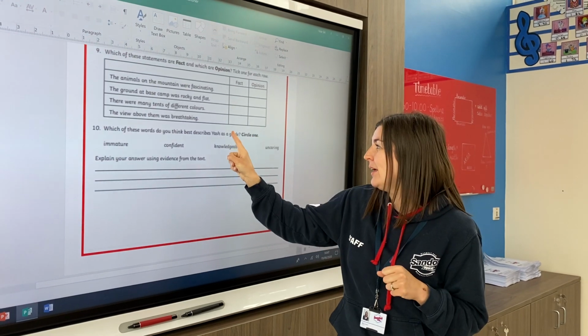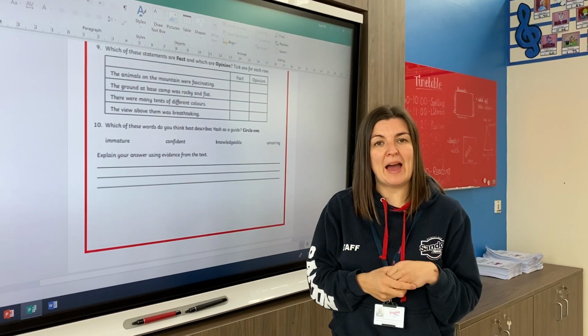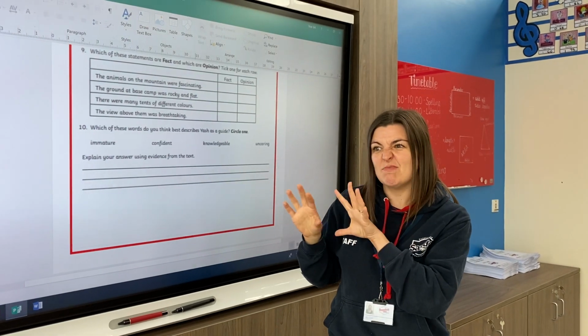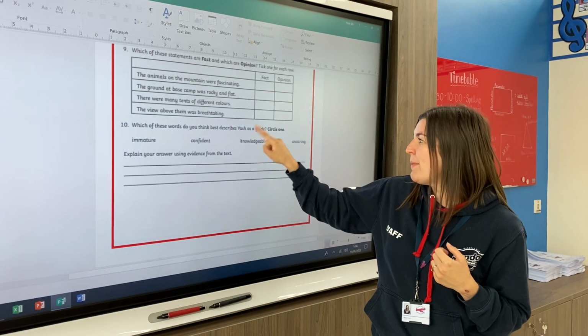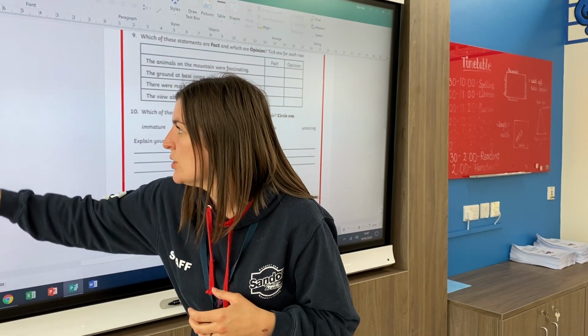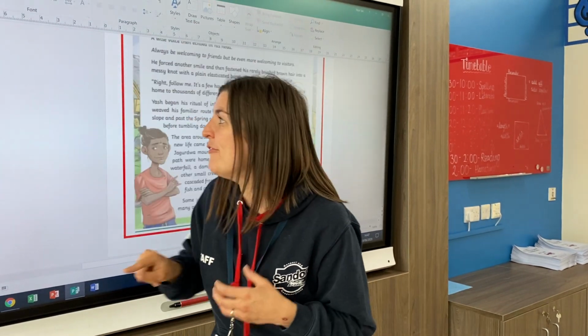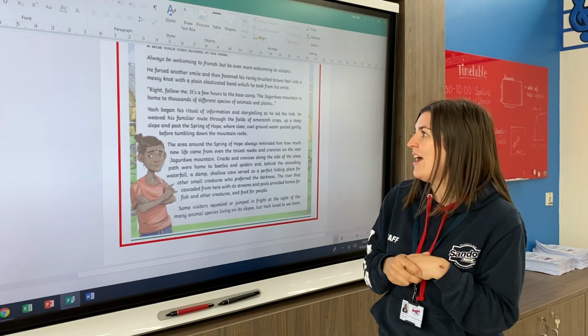I might pick knowledgeable. Knowledgeable means he knows lots about it, he knows the area, he knows lots of information. So I might pick knowledgeable, but then I've got to go back to the hot text and find some evidence that shows that he is knowledgeable about this area.